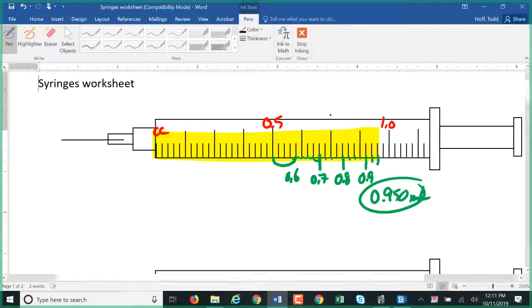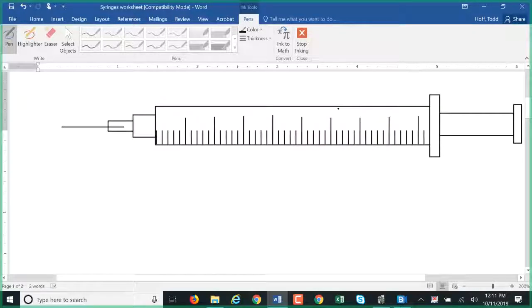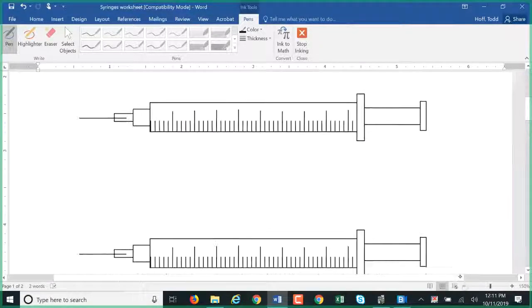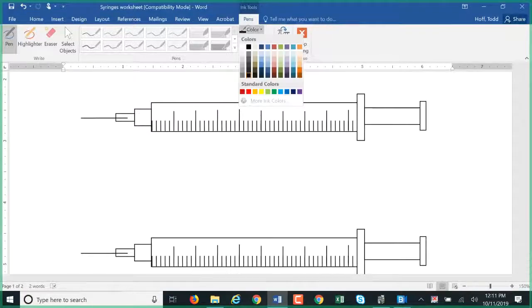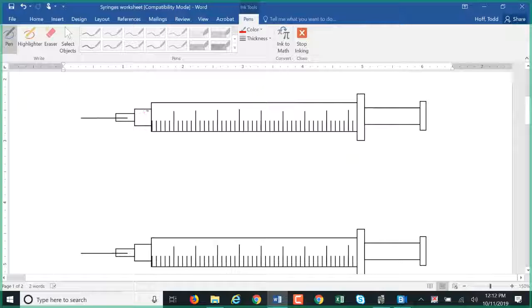Anybody have any problems reading scales? Anybody have any questions? Let's get to the meat of it. If we are ordered to administer a dosage of, well, let me label mine.